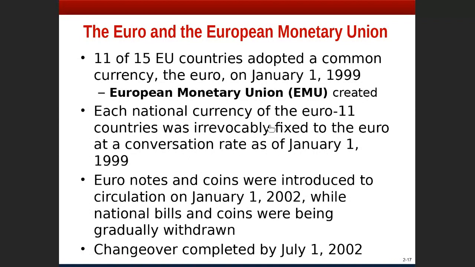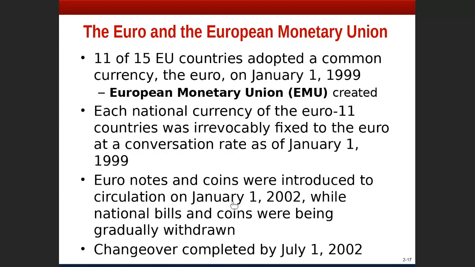Each national currency of the Euro 11 countries was irrevocably fixed to the euro at a conversion rate as of January 1st, 1999. Here it says conversation, but it should have been conversion.